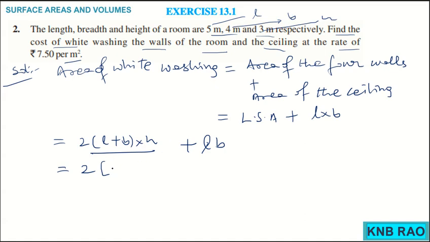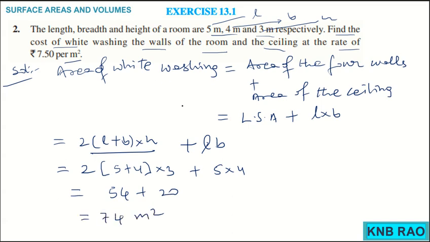That means 2 into (5 plus 4) into 3 plus 5 into 4. Here 5 plus 4 is 9, 9 2s are 18, 18 3s are 54. So 54 plus 5 4s are 20, which is nothing but 74 meter square, the area to be whitewashed.